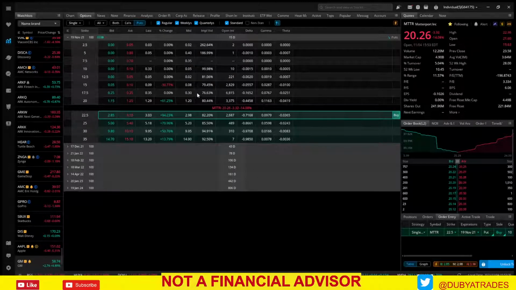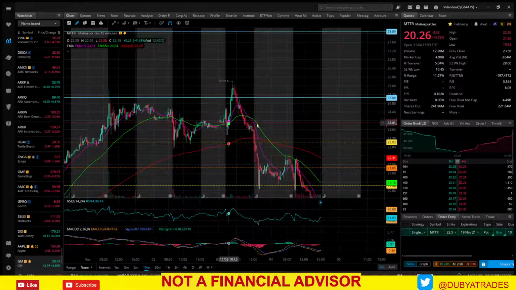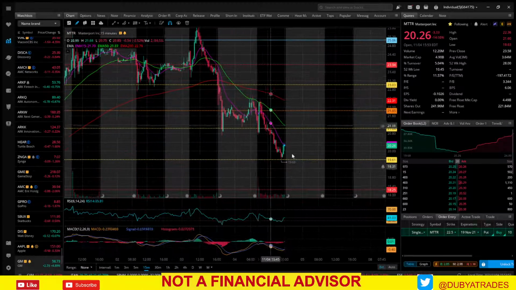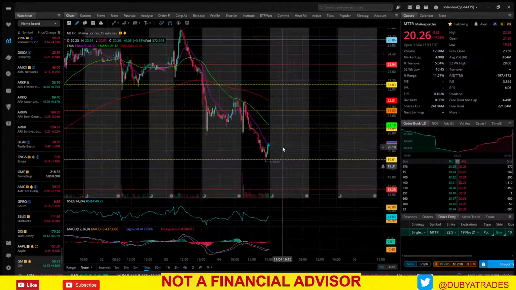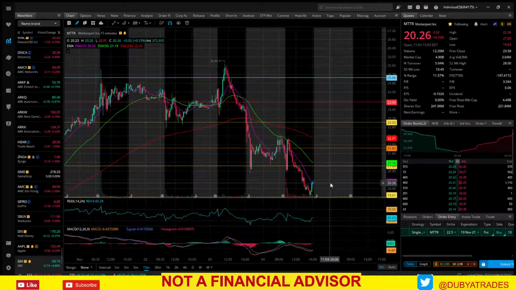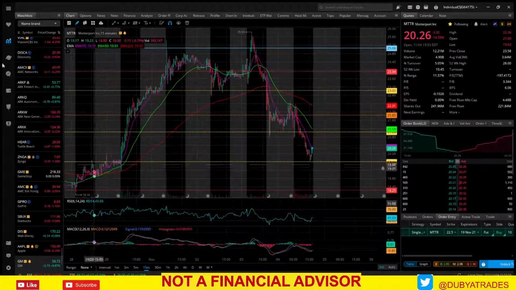So now from here we can see if we had played puts on that from when it double topped to where it is now, that'd have been 201%. Gosh. Man.